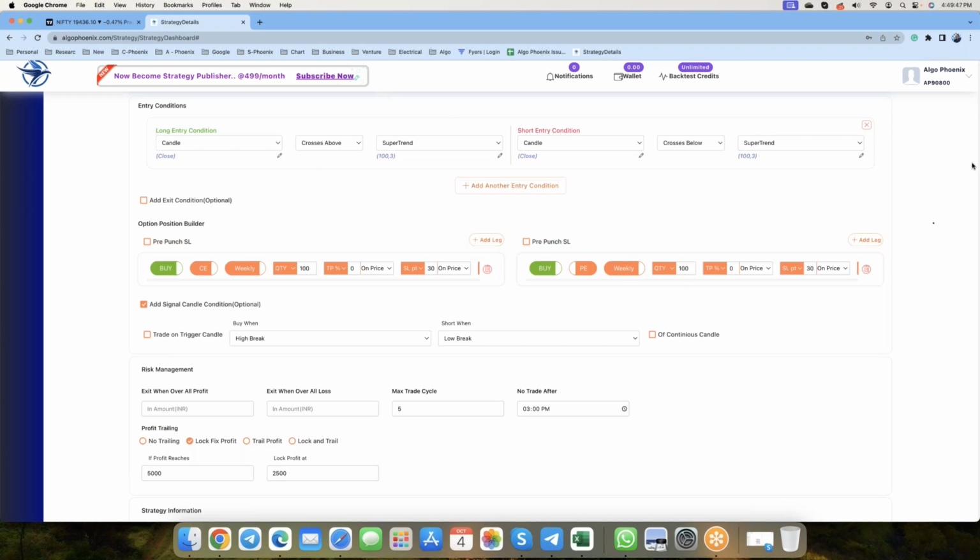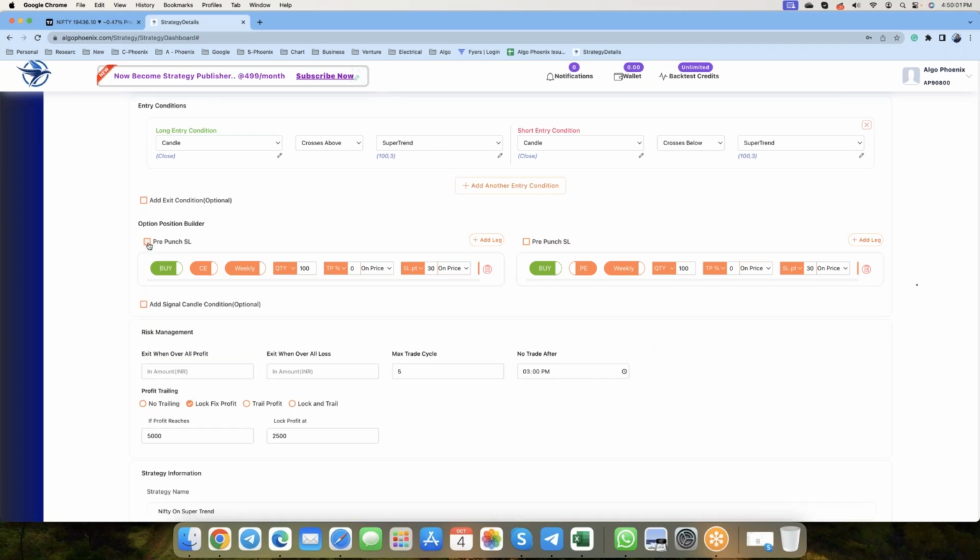If I check this, it will make a condition that only when the high breaks, it takes an entry. You can add this condition if you want, or ignore it. Or you can also pre-punch my SL, which means the minute the entry is set, SL will be automatically placed in the system.